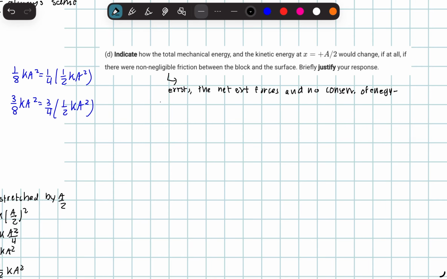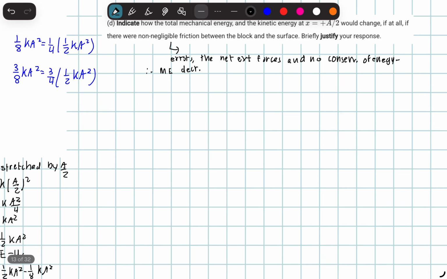When that's the case, mechanical energy will decrease over time. And then kinetic energy at x equal to positive a over 2 is smaller.